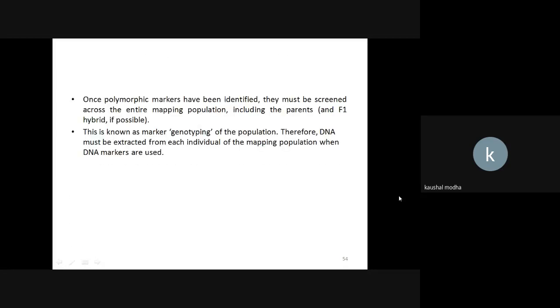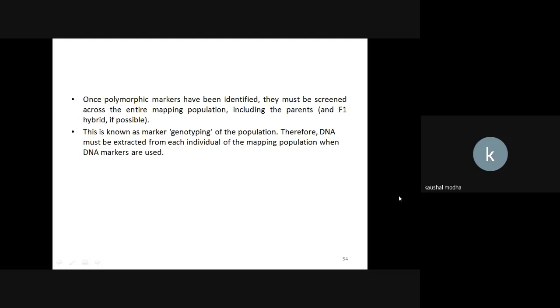Now, once the polymorphic markers have been identified in the parents, we only utilize those polymorphic markers for genotyping of individuals of the mapping population. Suppose you have developed 400 RILs from those two parents, then we'll genotype all these 400 RILs for their genetic constitution.